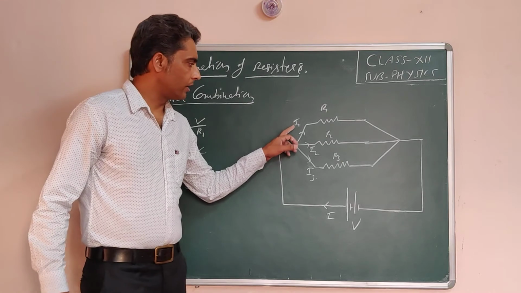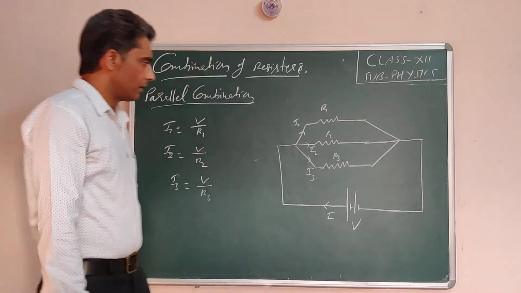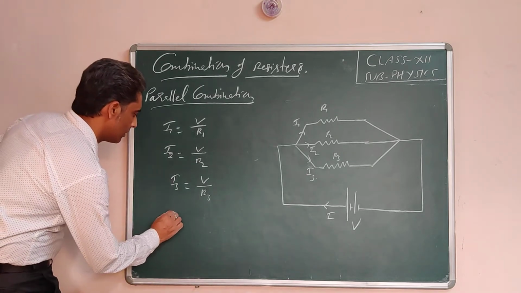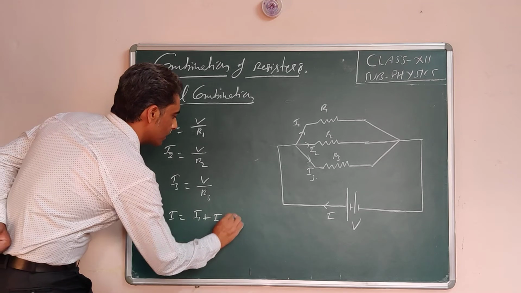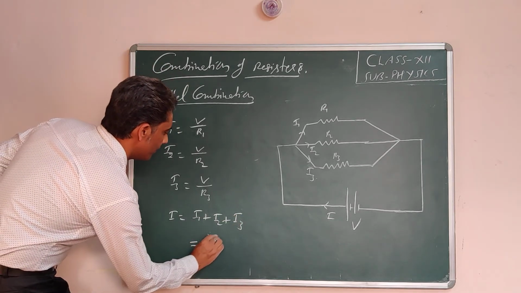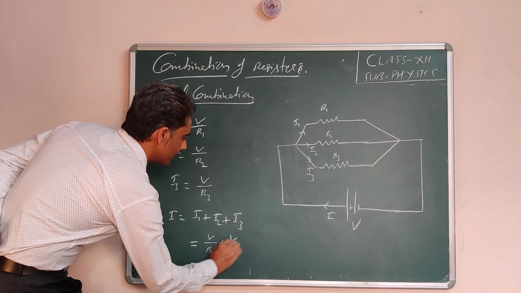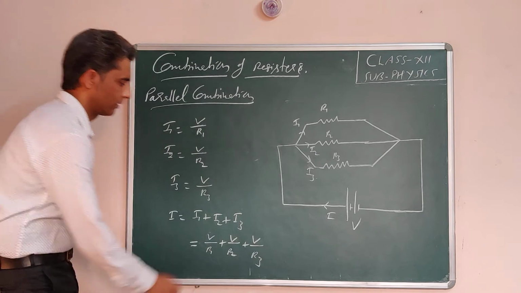Now this I1 plus I2 plus I3 should be equal to I. So we write I is equal to I1 plus I2 plus I3, that is equal to V over R1 plus V over R2 plus V over R3.